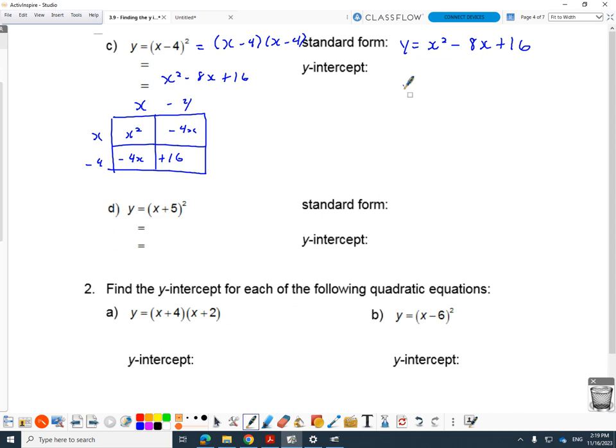No, it's a good time for a break because that gave you enough time. What's the y-intercept? No, she's just doing this one. Yeah, 16.